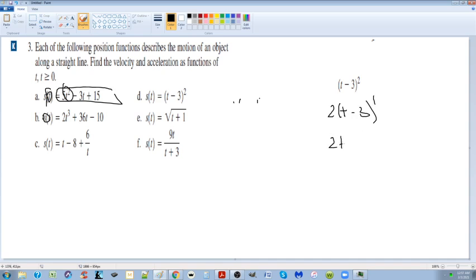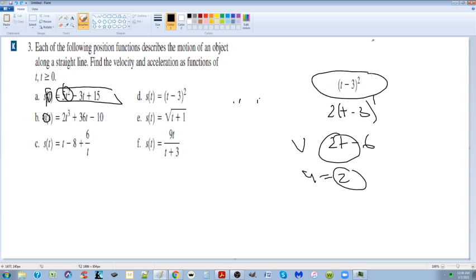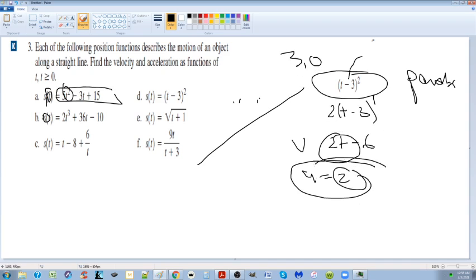Expand it. So that's velocity there, and here's acceleration, constant. And you see that? It's kind of nice and easy. Because if you were to expand this, what would it be? A parabola, which happens to have a vertex at 3, 0. So the velocity is going to be a line, and the acceleration is going to be a constant.